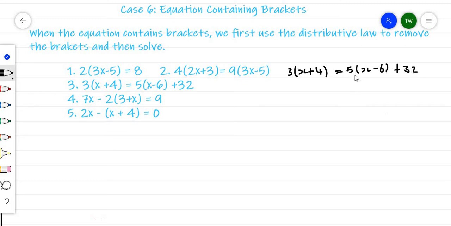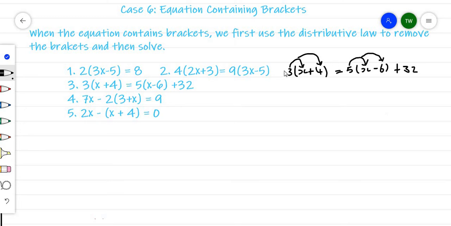Now again, we're going to apply the distributive law to both sides of the equation in order to remove the bracket. So we're going to take this 3 to multiply the x, and then we're going to take the 3 to multiply the positive 4. I'm going to go over to this side and take the 5 to multiply the x, and then we're going to take the 5 to multiply the negative 6.